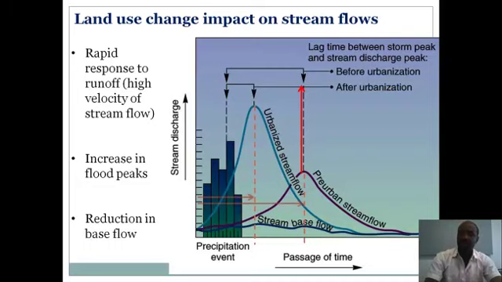That is, it will have a very sharp rise and also a very sharp drop in the hydrograph.